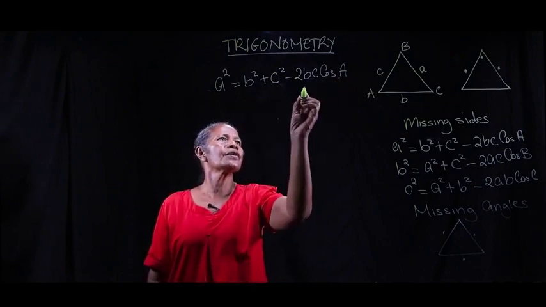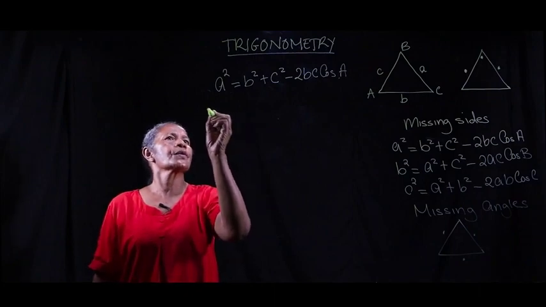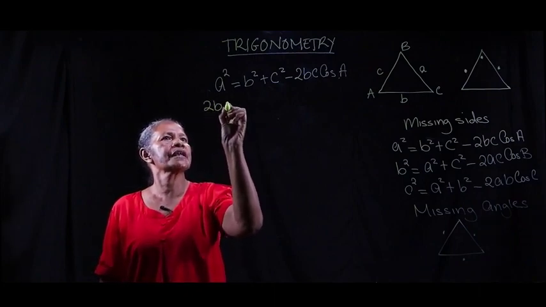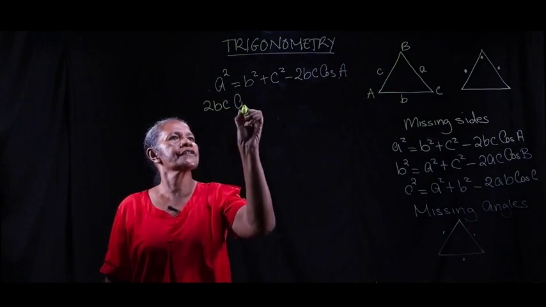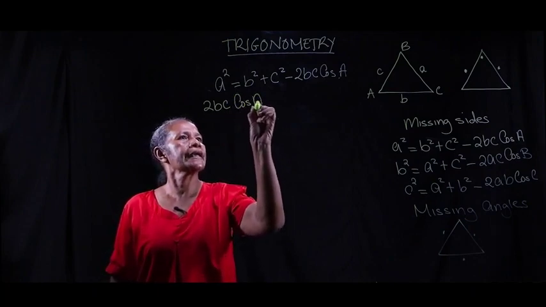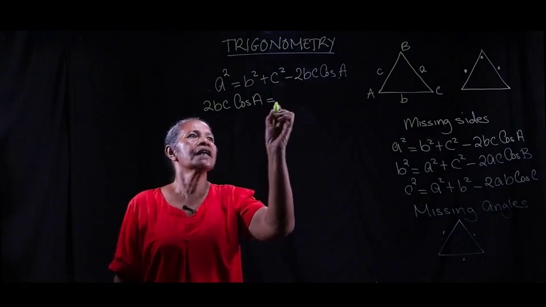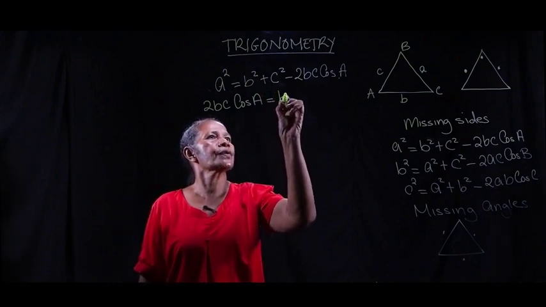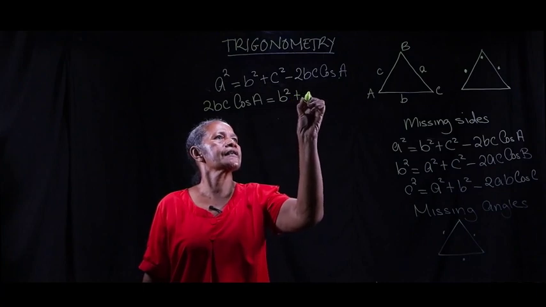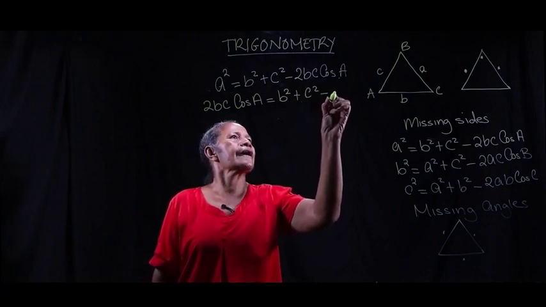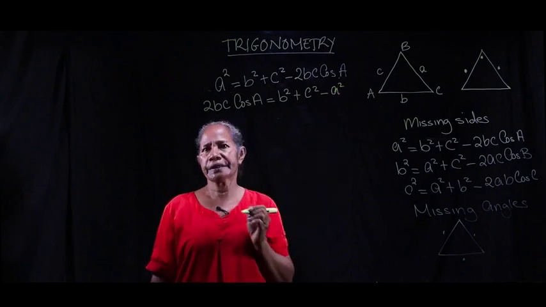So we have 2bc cos A is equal to, whatever is there must be written first, b squared plus c squared minus a squared.